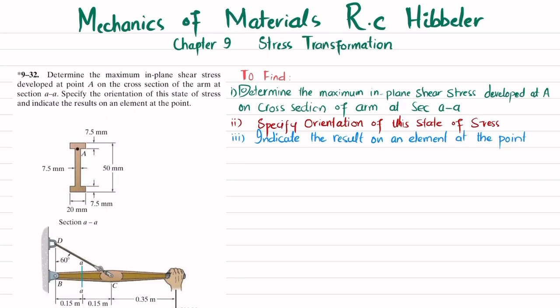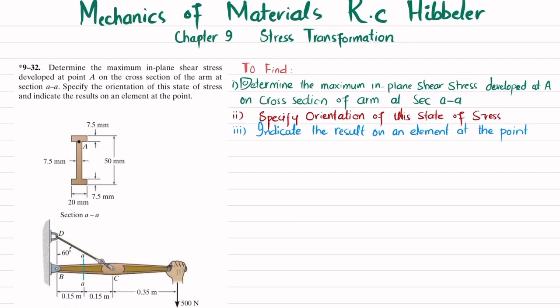So the first step is that we will determine the support reactions. If you remove this support at point B, you will have a reaction force in horizontal direction which will be like this. This will be Bx, clear, and in vertical direction you will have a force acting downward, that is By, and this rope acts with a force in this direction, FCD, and this FCD makes an angle of 30 degrees with this arm.